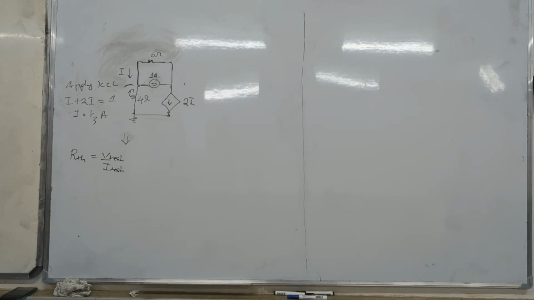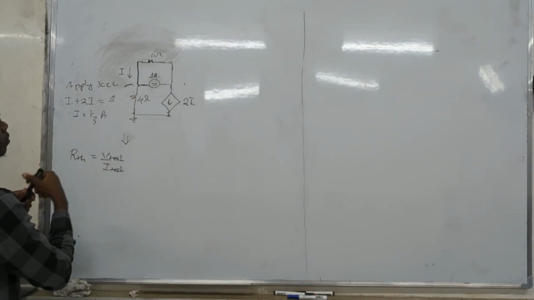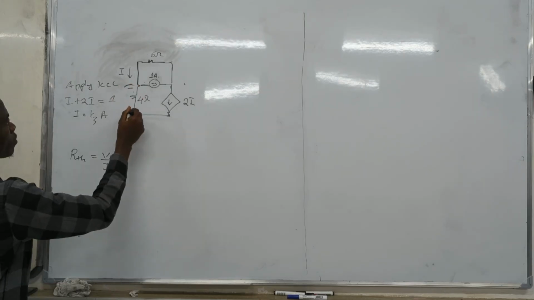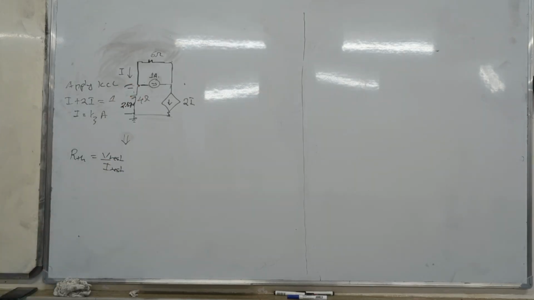Giving you what? So where is 2.67? 2.67 volts. So we want the voltage between which 2 points?